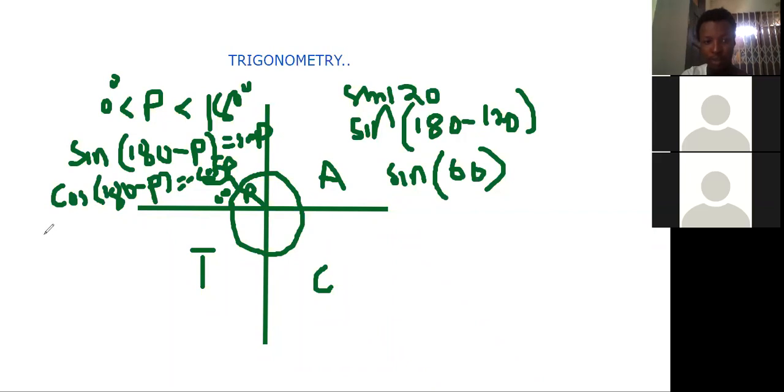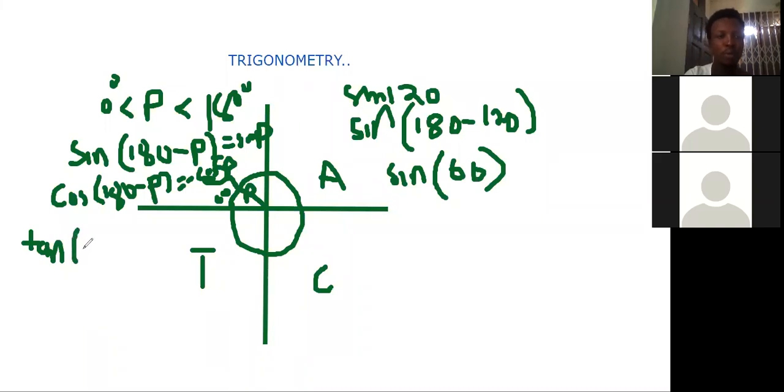I hope you know tan is positive here. So let's do tan 210. Root 3 over 3. Is it positive?